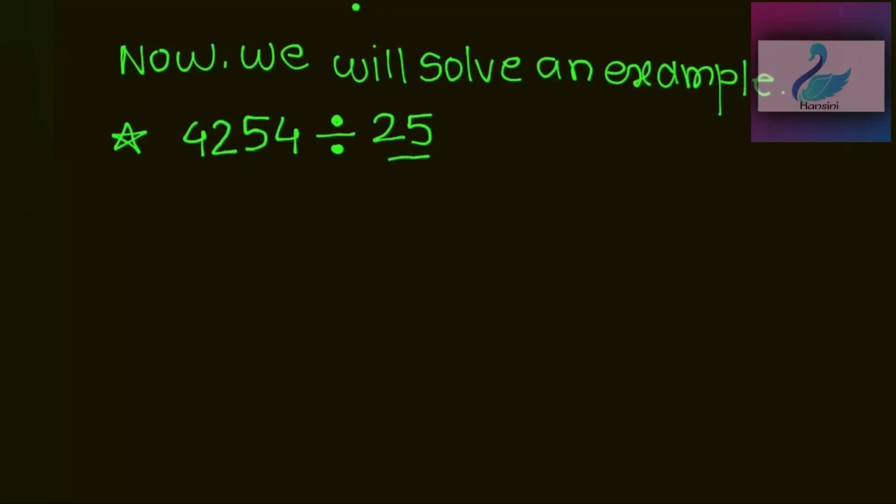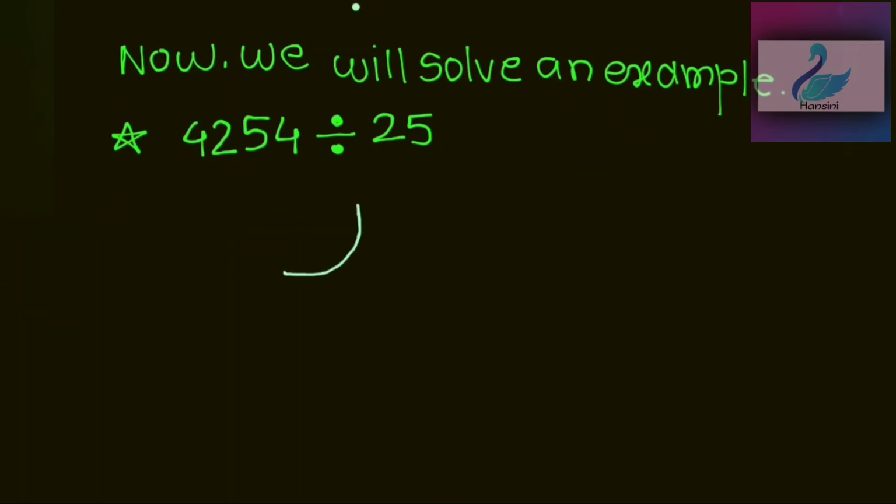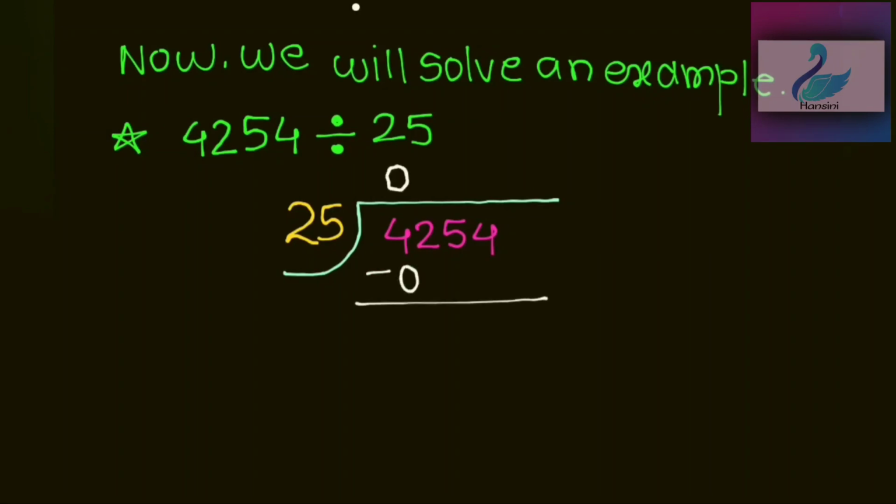In this question, 25 is the divisor and 4254 is the dividend. Now we will write 25, the divisor, and 4254, the dividend. When we multiply the table of 25, we don't get 42 easily. So first we will divide 4 by 25, which is 0. Now we will take that 2 down and I get the value 42.